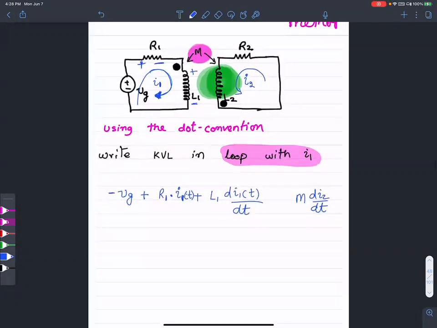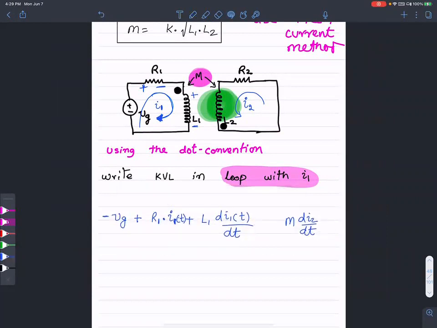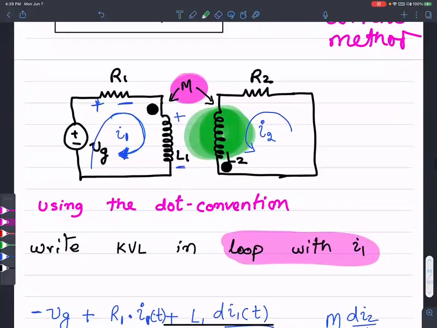But we still don't know whether it's going to be positive or negative, and this is where our dot convention comes in. The dot convention sets the sign of the voltage of mutual inductance. Look at where the dot is here, and where the corresponding reference current is entering.